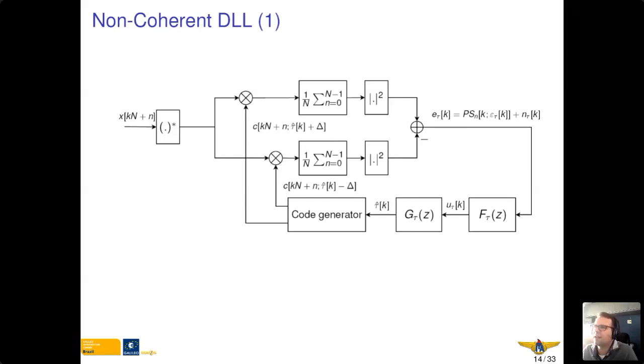Now let's have a closer look at the non-coherent delay locked loop. This is a flow diagram. In our notation, we always had X Hermitian times C, and that's why, if we go back now from a vector notation to a notation using sums and scalars, and series of sampled values of the signal, we have as an input here x of kN plus n, and then we have to take the complex conjugate because we did that with the Hermitian in our notation.